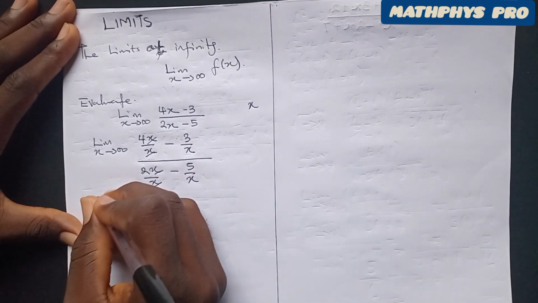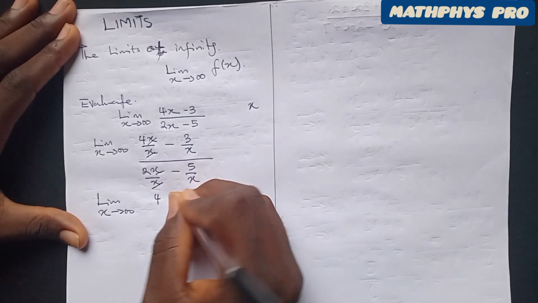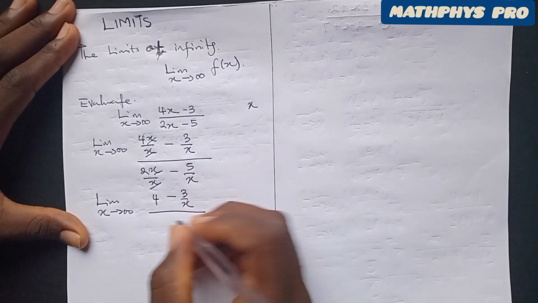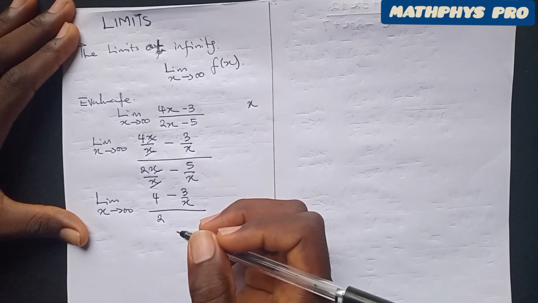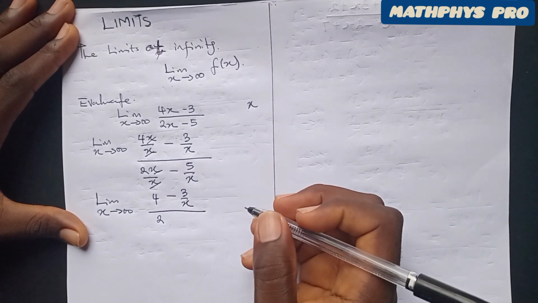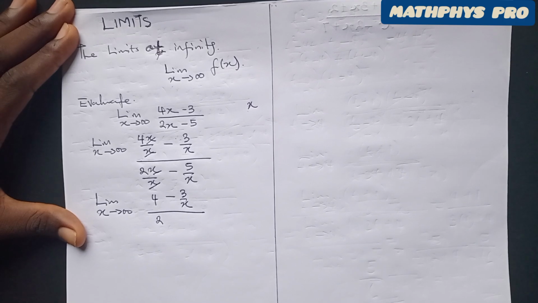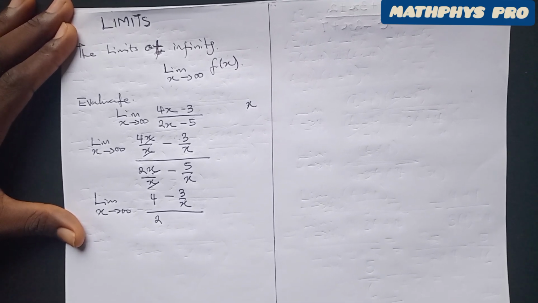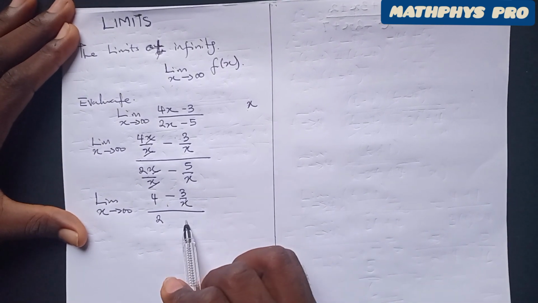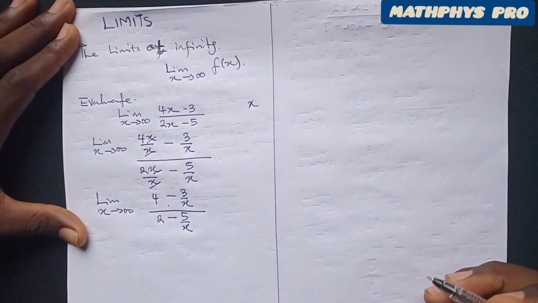So we have the limit when x tends to infinity of 4 minus 3 over x, divided by 2 minus 5 over x.